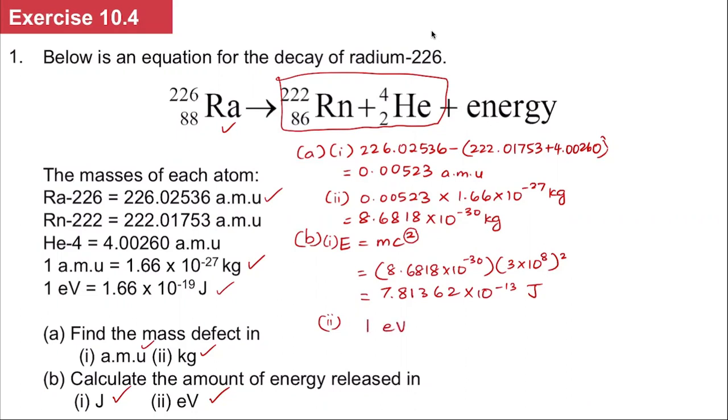1 electron volt is 1.66 times 10 to the power negative 19 joule. Okay, 7.81362 times 10 to the power of negative 13 joule. So divide, right? So it should be, you divide, so you will get 470700.